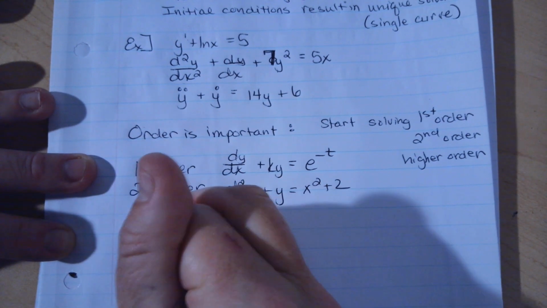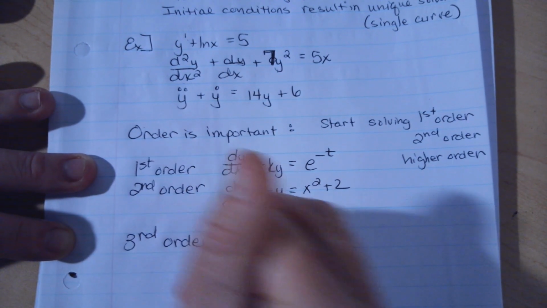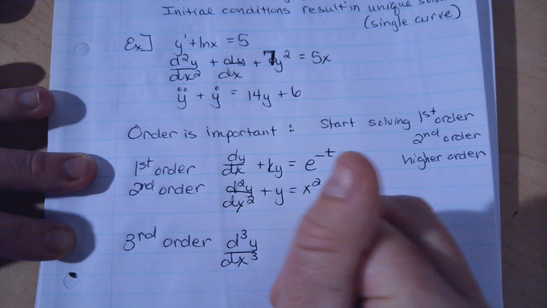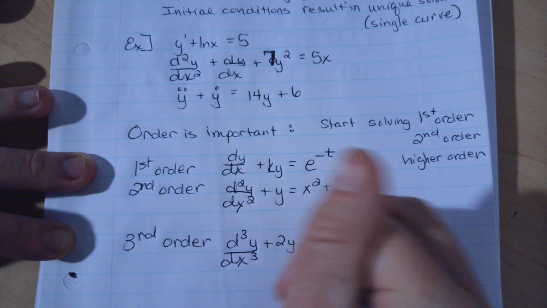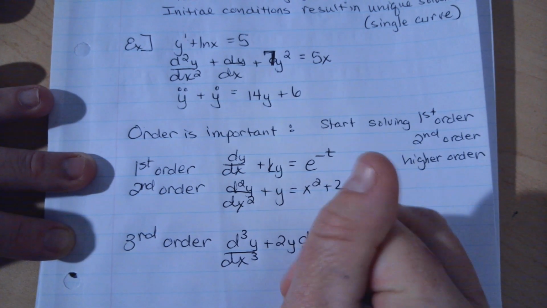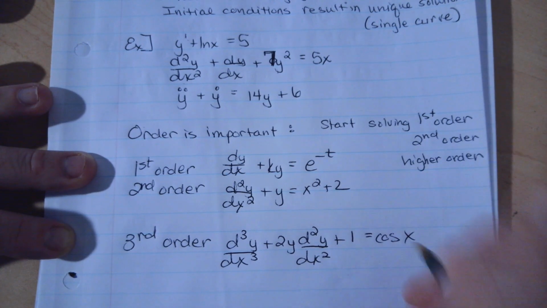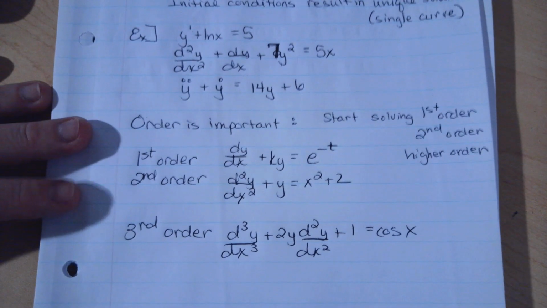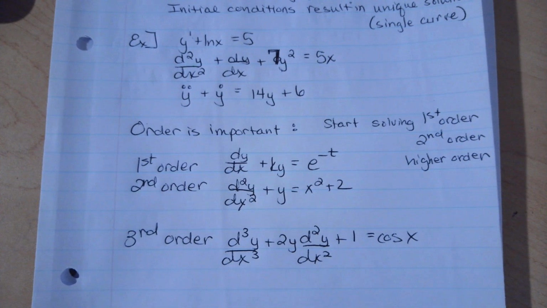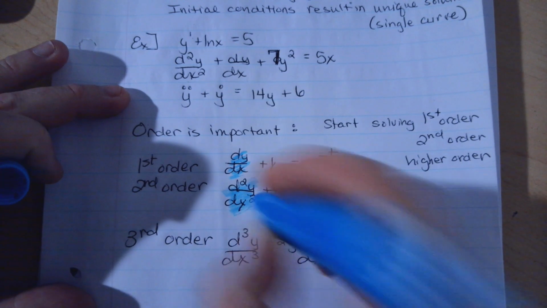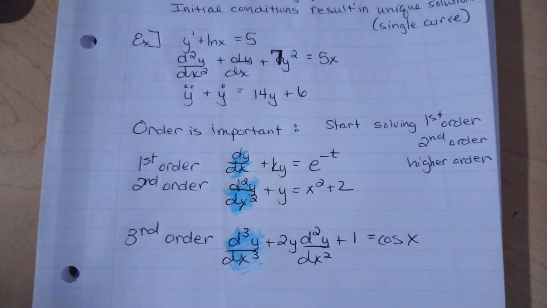And we'll give you a third order just for good measure. Okay, these are just examples of differential equations. Why is it a differential equation? Because it has a derivative in it. First order derivative, second order derivative, third order.